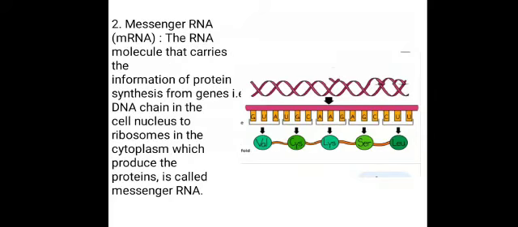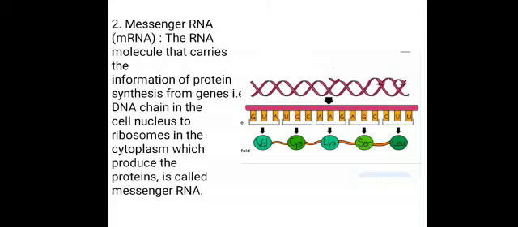Then the second one is messenger RNA. Shortly we call it mRNA. It is the RNA molecule that carries the information for protein synthesis from the genes, that is the DNA chain in the cell, to the ribosome in the cytoplasm, which produces the protein.